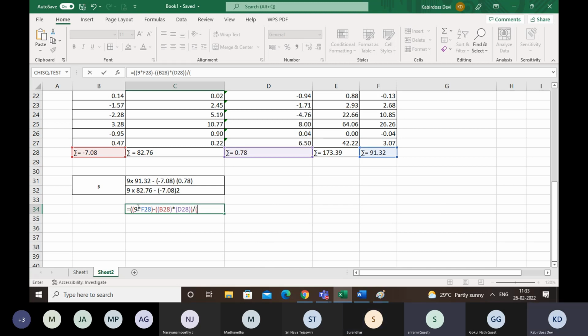I'll just do this: 9 into C28, minus. I think it will show me an error, I'm sure.